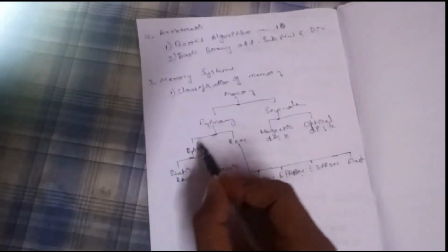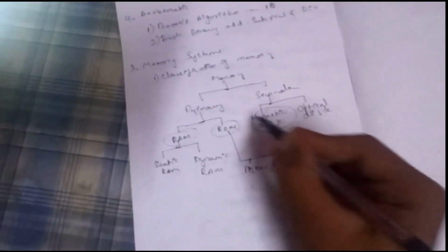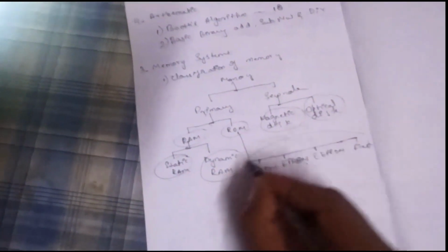What you have to do is understand each and every concept, because they can ask for a simple one or two line definition about RAM, or about ROM. What is magnetic disk? What is optical disk? What do they do? If you study everything in the classification only, then the third module will be very easy. What does static RAM do? What does dynamic RAM do?